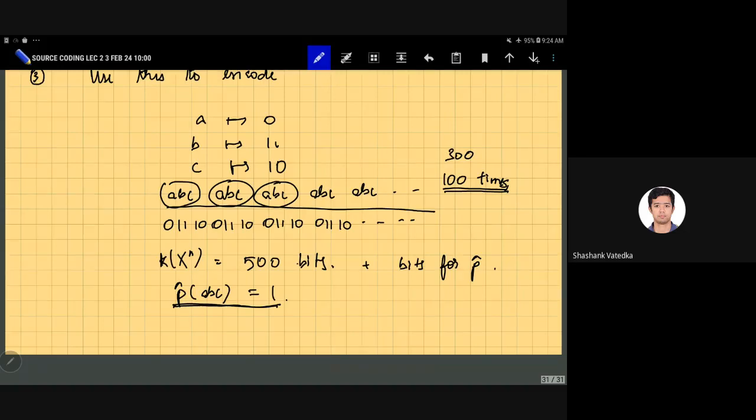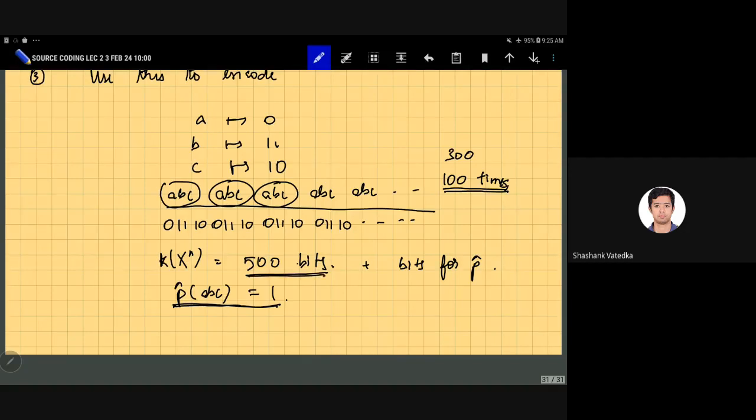So the point that I'm trying to make here is that this is an example of a sequence which is not IID, right? In this particular sequence, the relative frequency of A is 1/3, of B is 1/3, and of C is 1/3. So if we did symbol-wise encoding, even using Huffman codes, we would get a large expected length of 500 bits.